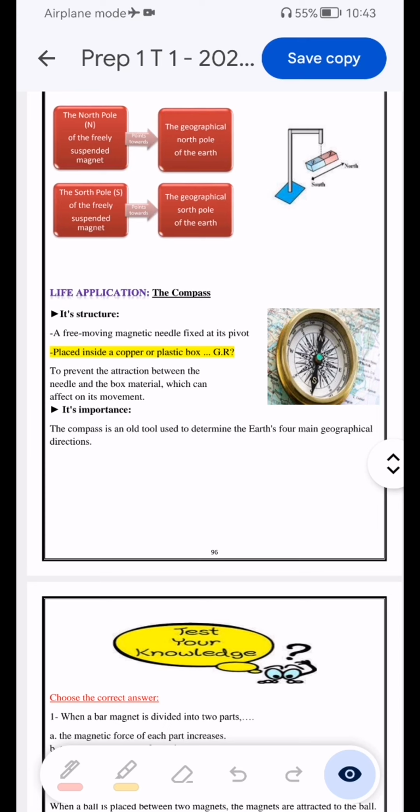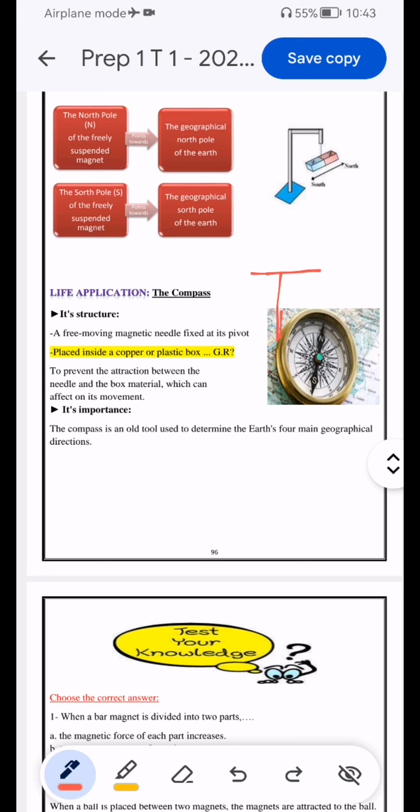What is this tool made of? Made of a free magnetic needle fixed on its pivot. Okay? The pivot makes it turn. So the compass is made of what? A free moving magnetic needle fixed at its pivot.